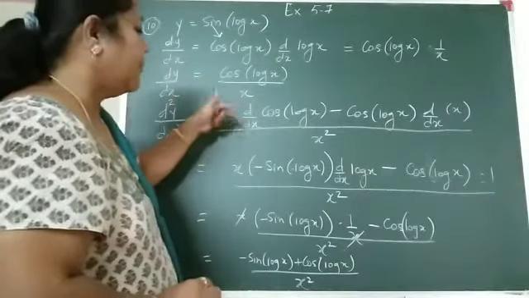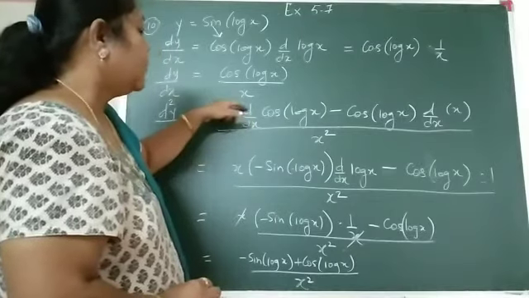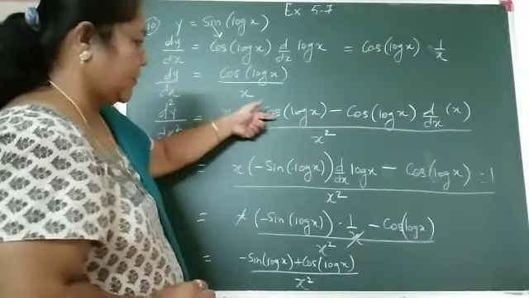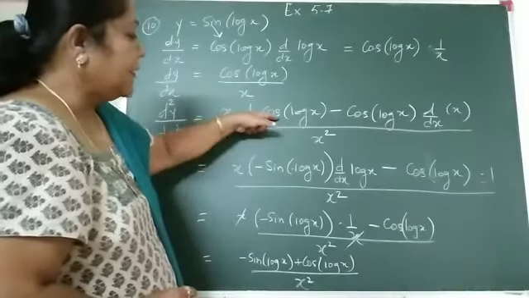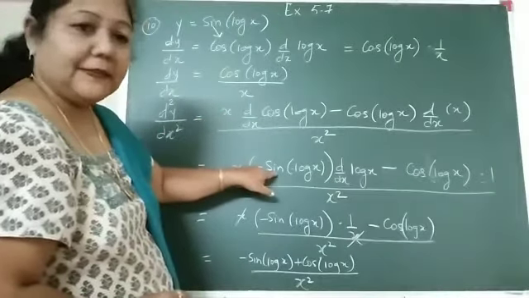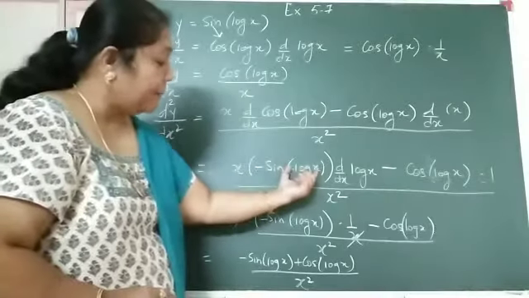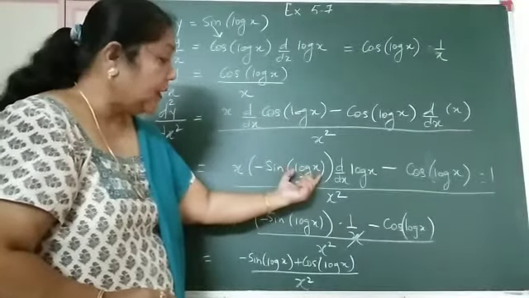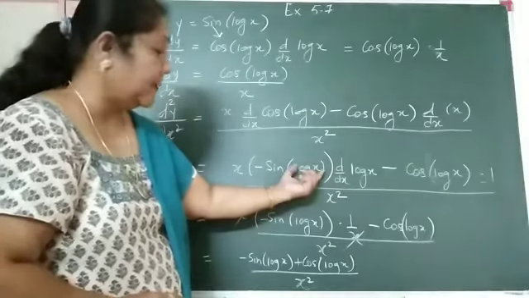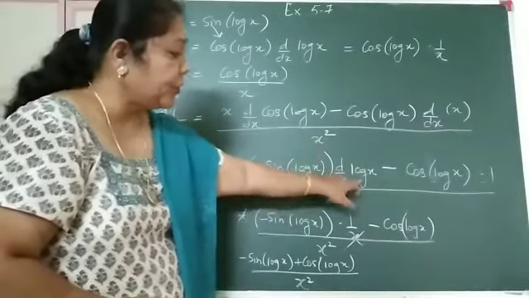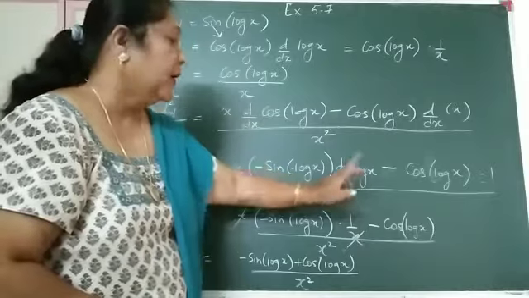So let us see now further what is going to happen. The differentiation of cos gives minus sine. But since the bracket does not contain a single simple term x, I have to differentiate the bracket again.